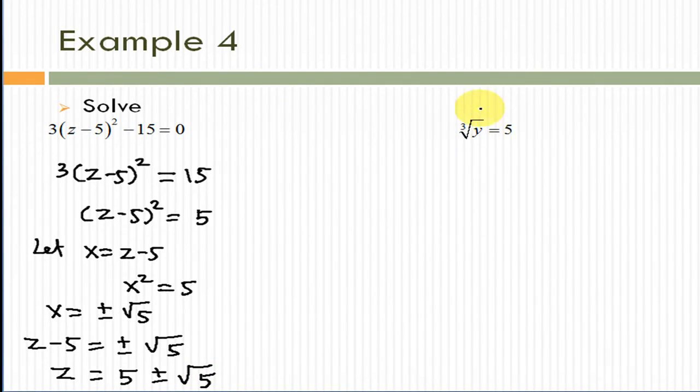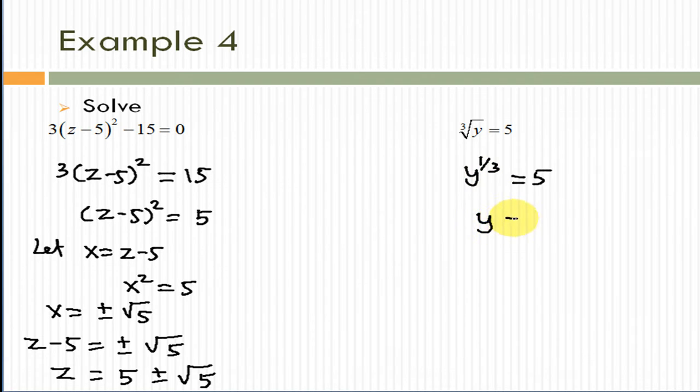Okay, now let us look at this. So we have y, and we can rewrite this as y to the 1/3 equals 5. We can raise both sides of the equation to the power 3.